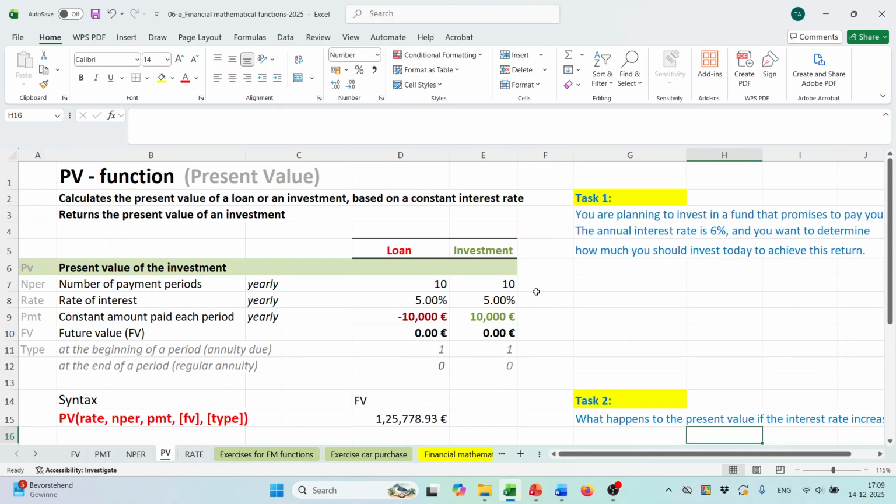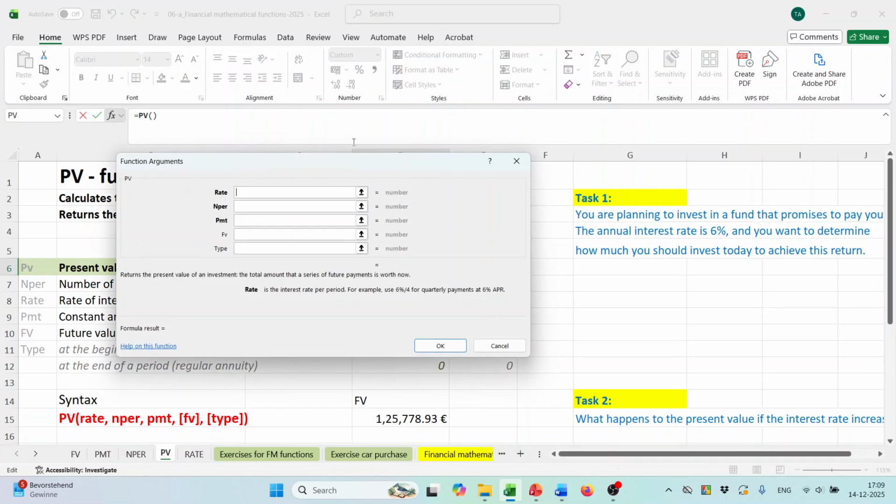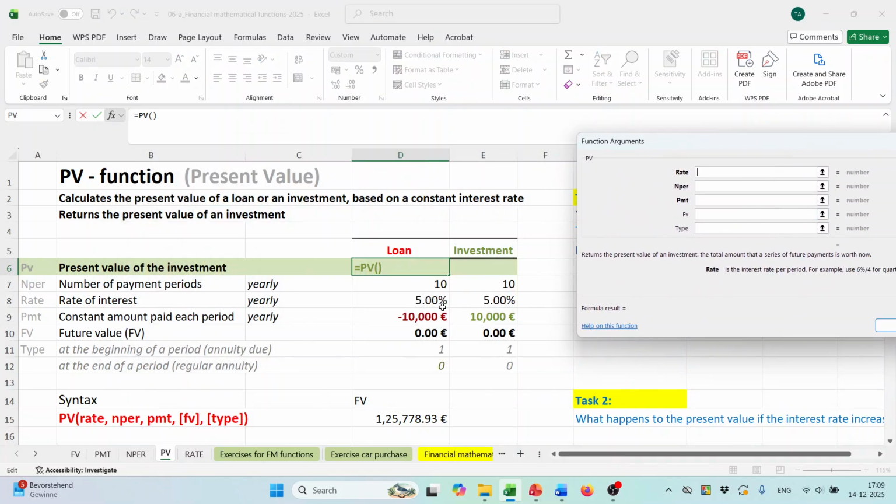So let's calculate the present value. It will be also the same, we just go to the PV. Our rate is 5%, period is 10 years, PMT 10,000, future value 0.